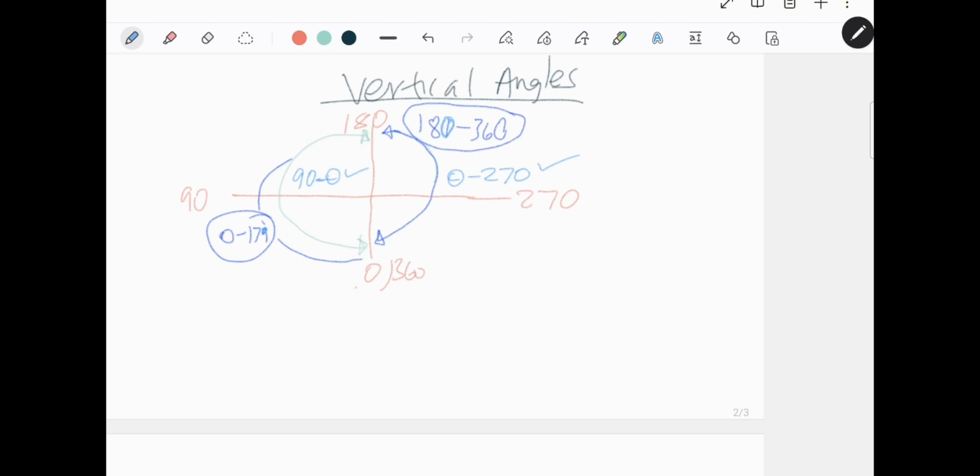Let's say 180 but excluded. We're excluding the 180. Let me write it in terms of maths: 180 less than theta, less than or equal to 360. So we're including the 360. Let's write it like that, because it can be 180 and some seconds.